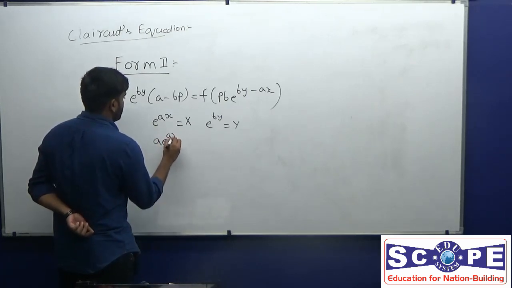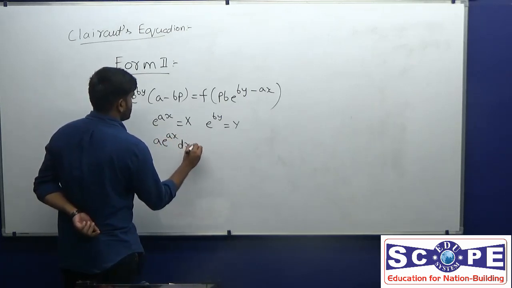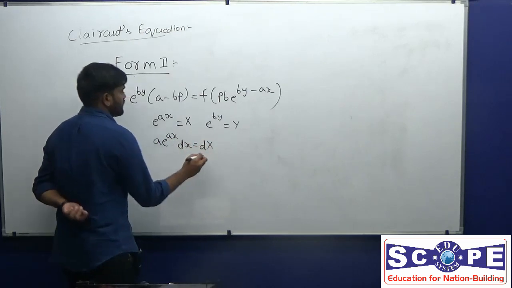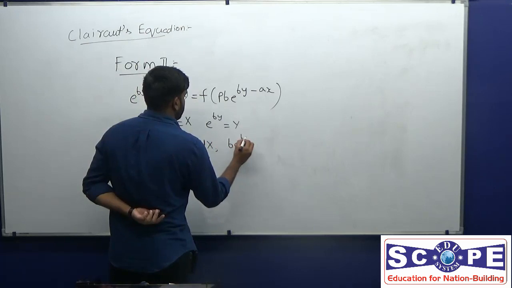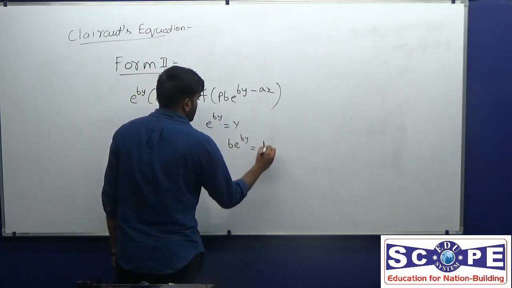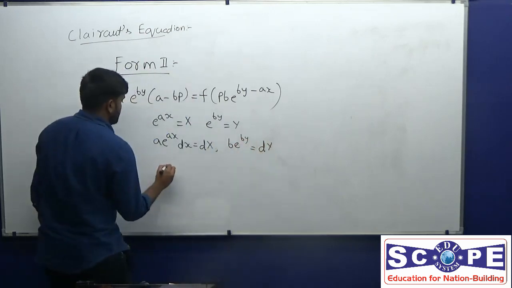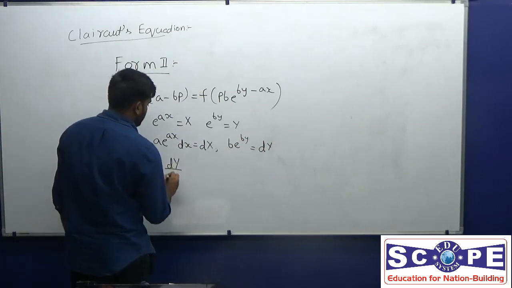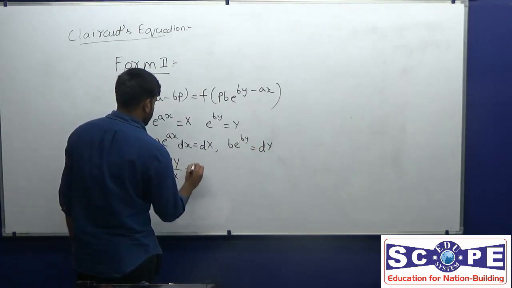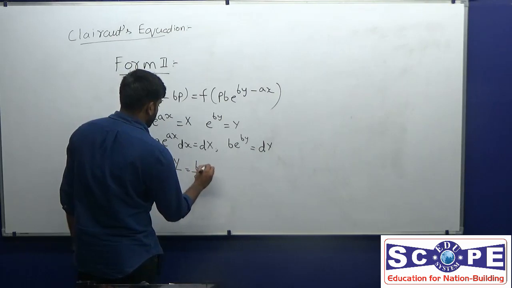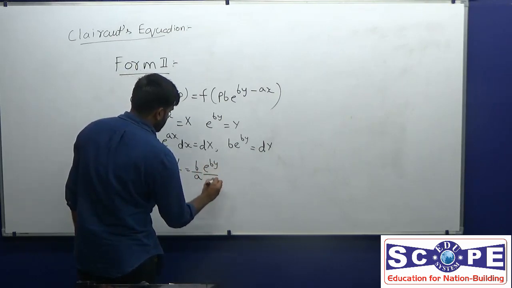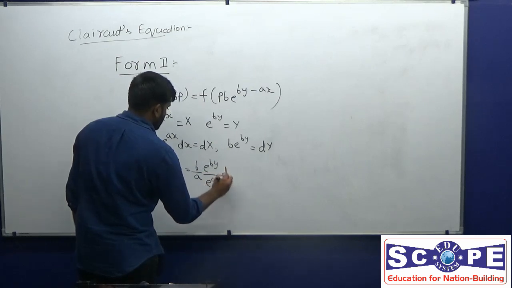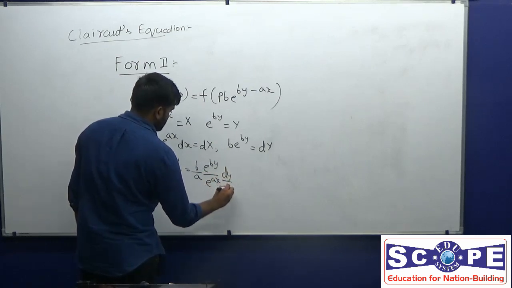A e power ax dx equals d capital X, and b e power by dy equals d capital Y. That implies if you divide dy by dx, we will get b by a, e power by by e power ax, into dy by dx.